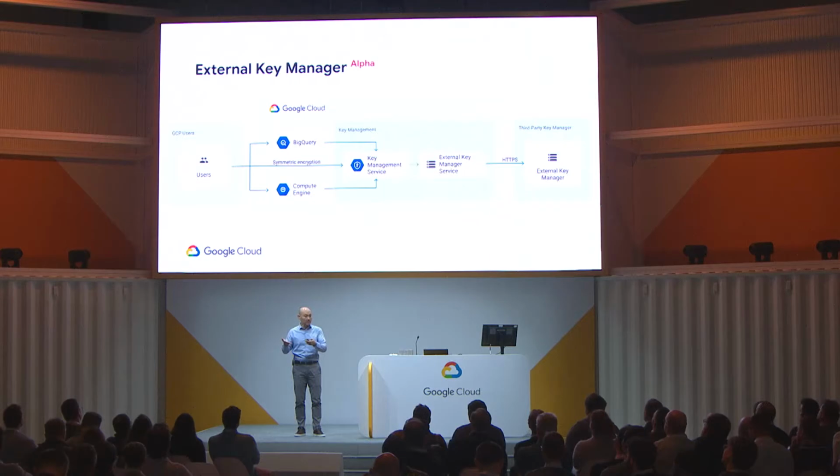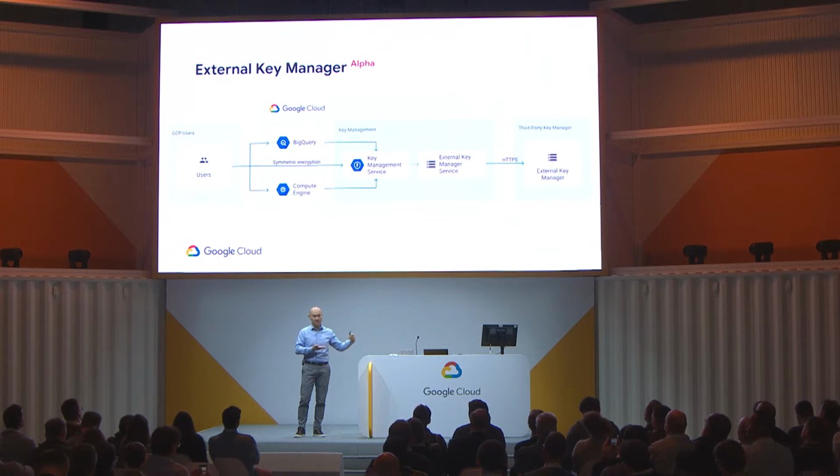And that key, since it stays with the data, has to be wrapped using a higher level key. So we're doing envelope encryption, if you understand the terminology. And that key exists either in our own internal KMS system, or if you're using it yourself, it can be in our cloud KMS or cloud HSM system. Okay, so you have control, but it's hosted within our cloud. Now, in the case of external key management, that key actually resides outside of Google.